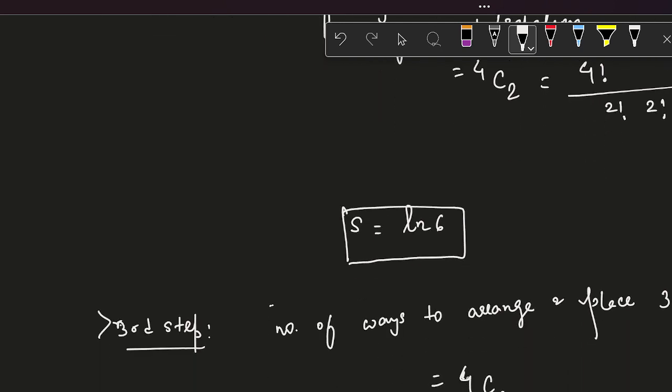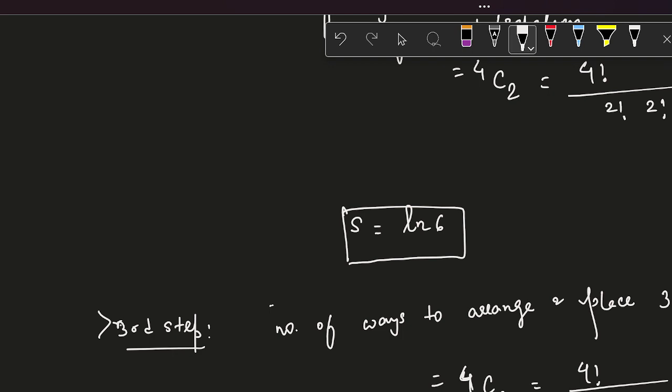So you have 4 possible places to select from, and you have 3 charges to put in them. So it is 4C3, which is again nothing but 4 factorial over 3 factorial into 4 minus 3, which is 1. 1 factorial is just 1. So this is just 4 into 3 into 2 factorial, or in other words, this is 4 factorial. You can just break it down as 4 into 3 factorial basically.